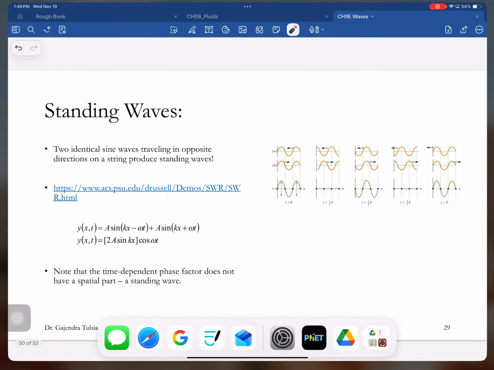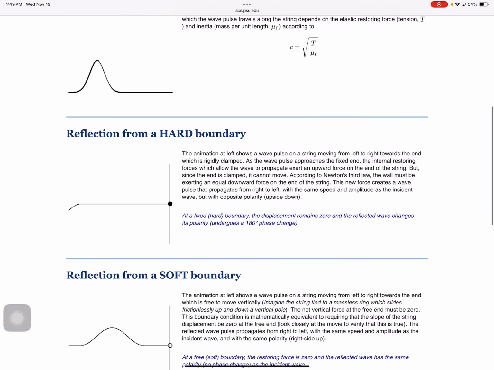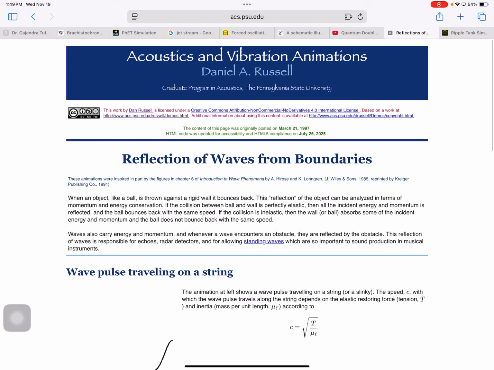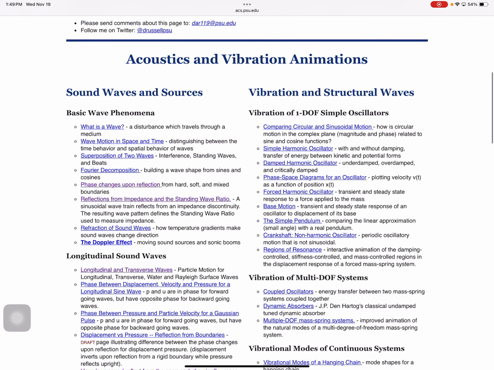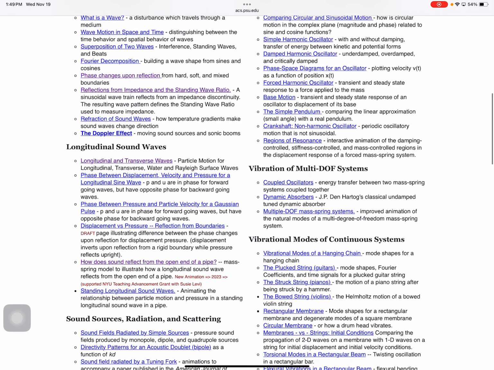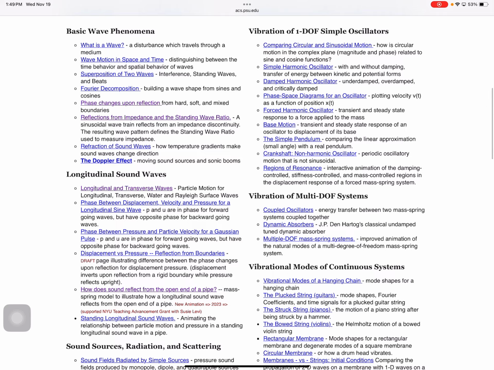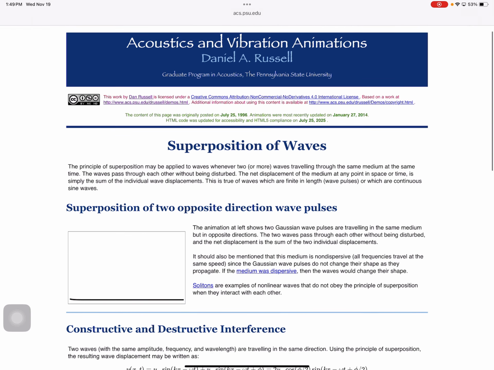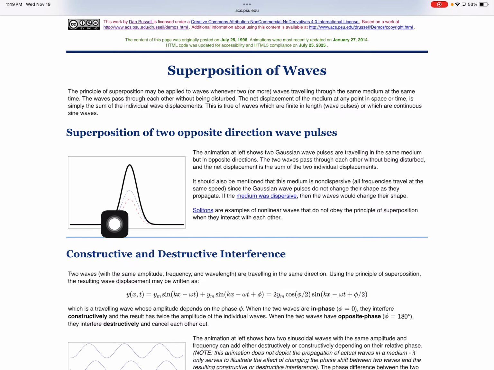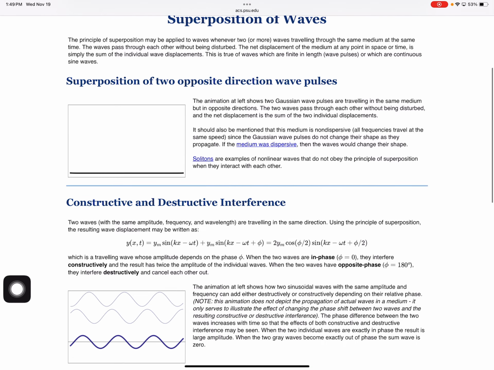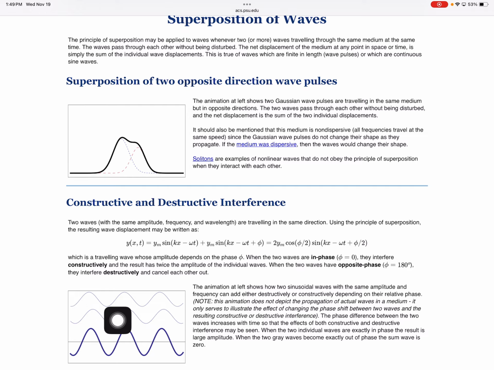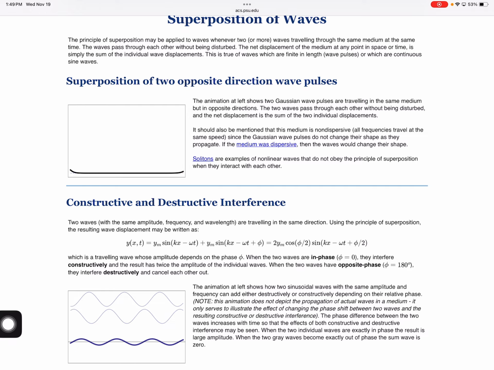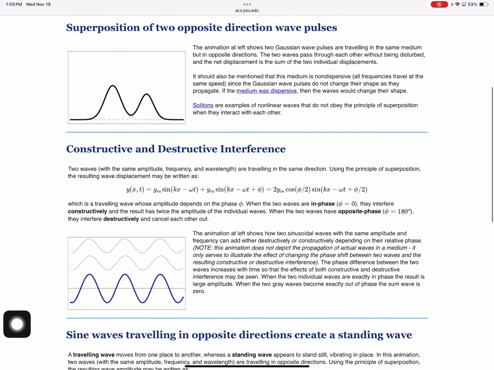So let me show this to you on a simulation. Okay, so this is just adding two waves. Here's adding one wave that is stationary and one wave that is traveling, and that's what this wave is.